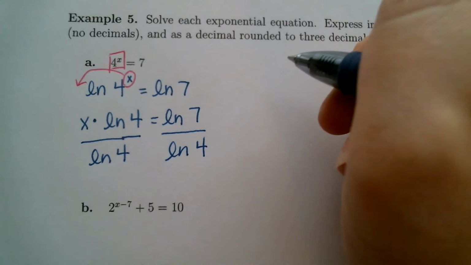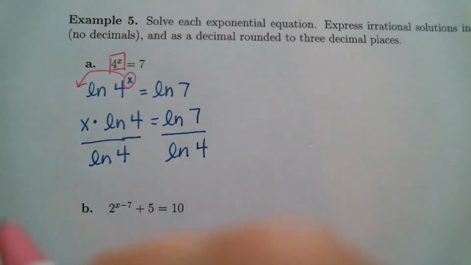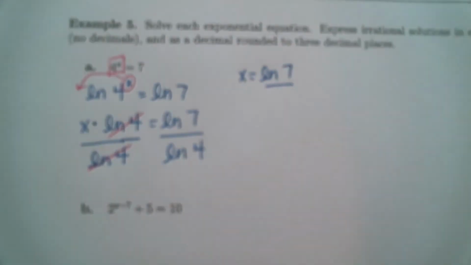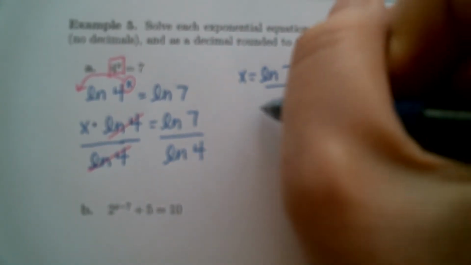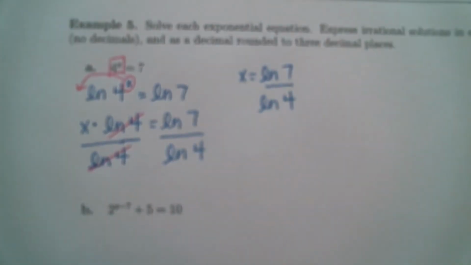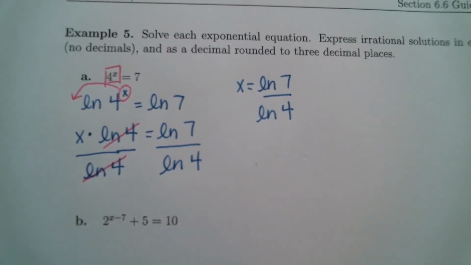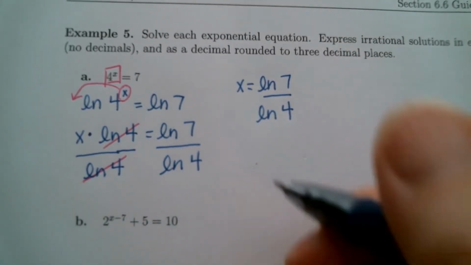So the answer is going to be, these will cancel. The answer is going to be x equals the natural log of 7 over the natural log of 4. Okay? This is the exact answer.